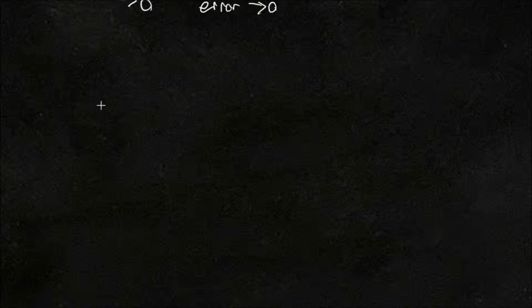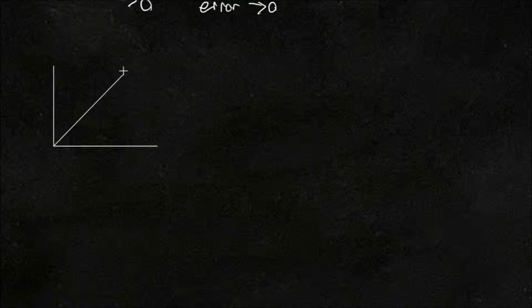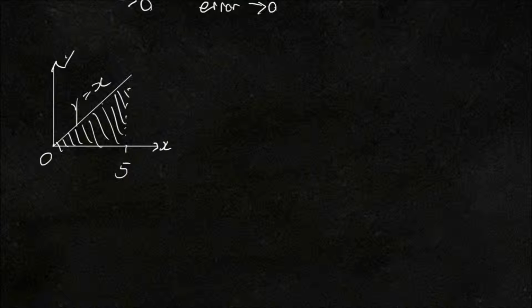So if we looked at a curve like y equals x, which is just a straight line like that, where this is y equals x, this is our y-axis, and this is our x. We could choose an interval, so if we chose from 0 to 5, you can see we've formed a kind of triangle. So we can find the area under this curve here.